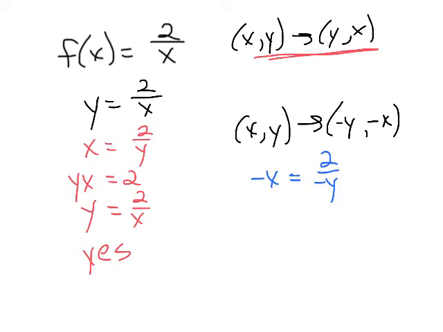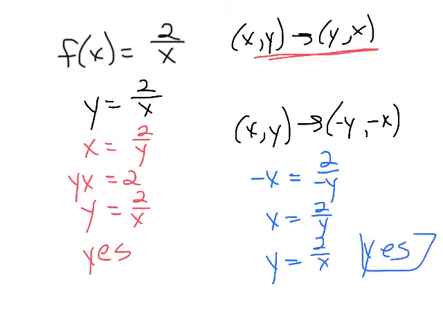If you divide both sides by negative 1, you end up with x is equal to 2 over y, and then when you solve, again you're back with y is equal to 2 over x. So a reciprocal function is actually symmetric about the line y equals x and the line y equals negative x.